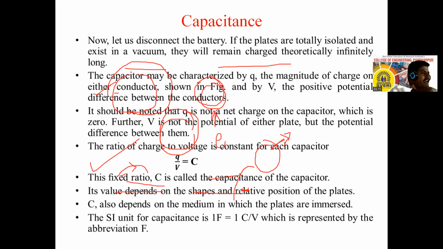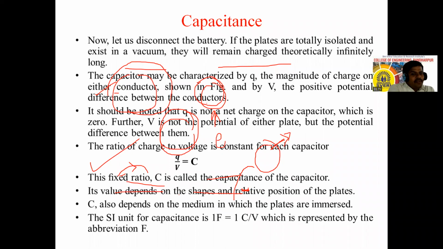Current is the rate of change of charge, that is dq by dt. It is nothing but the definition of current. So when the current is flowing, at what rate the charge is transferred, that is it. It should be noted that Q is not the net charge of the capacitor, which is zero.